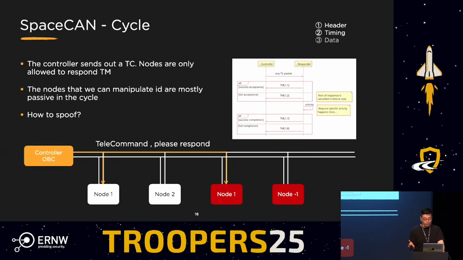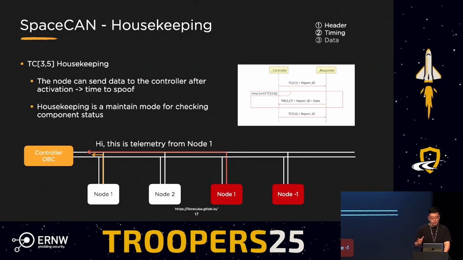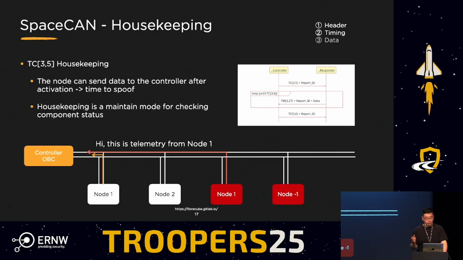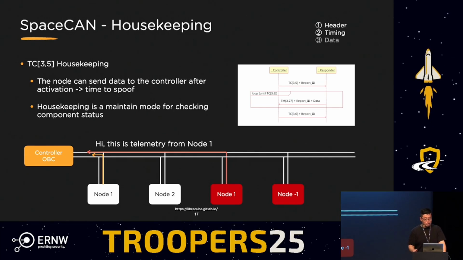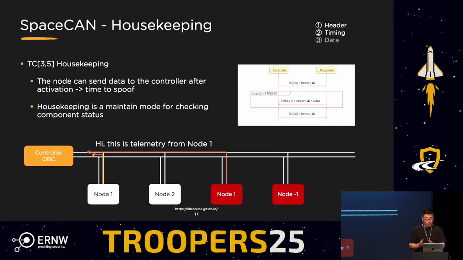How could we spoof? After reviewing the tail command functions, there is tail command 3.5, named housekeeping. Housekeeping is a maintenance mode of the satellite that checks the component status. Once housekeeping is activated by the ground station, the node can actively send back telemetry from time to time.